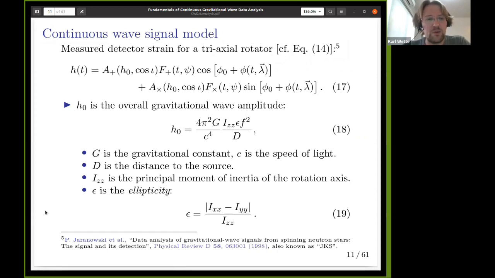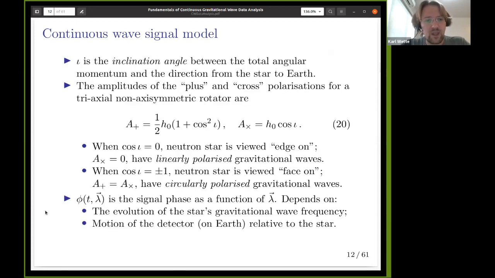Okay, so h naught is one of the parameters that goes into the amplitudes of the polarizations. The other parameter, as you can see from equation 7, is the angle cos iota. This is a little bit similar to what we have for compact binary signals, where they also have an inclination angle of the orbit.